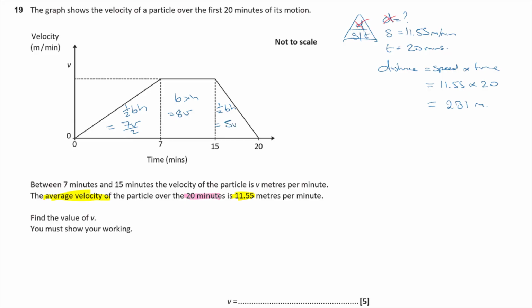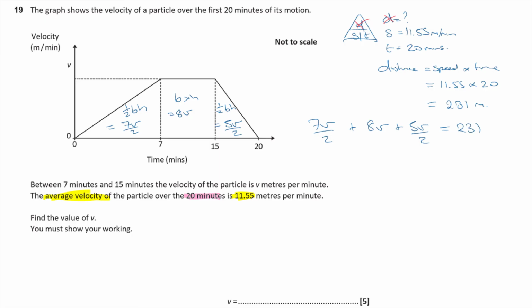So that's 5v over 2. Okay, so I know what all the individual areas are, and I know the sum of those areas is the distance. So I can equate those: 7v over 2 plus 8v plus 5v over 2 is equal to 231.